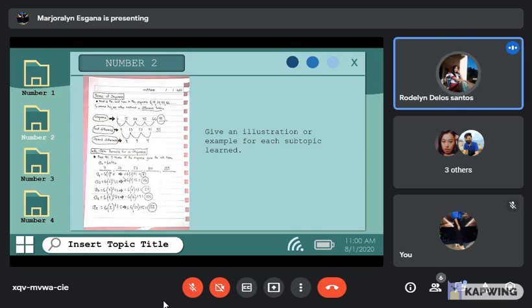A2 equals 6 times 2 squared plus 2, equals 6 times 4 plus 2, equals 26. A3 equals 6 times 3 squared plus 3, equals 6 times 9 plus 3, equals 57. A4 equals 6 times 4 squared plus 4, equals 6 times 16 plus 4, equals 100.